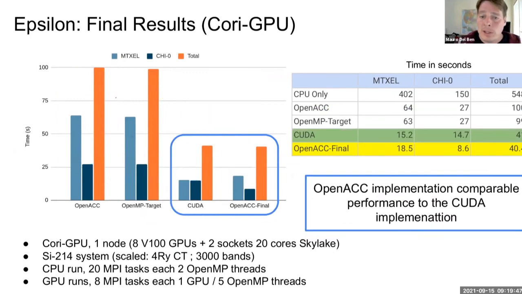Now, most importantly, if you compare the CUDA implementation with the OpenACC implementation, we achieve very similar performance. And this might not be the case for a larger application, but it is, of course, an encouraging result at this stage. So things might be a little bit different once we move from 8 GPUs to 1,000 or tens of thousands of GPUs. So this is still work in progress.